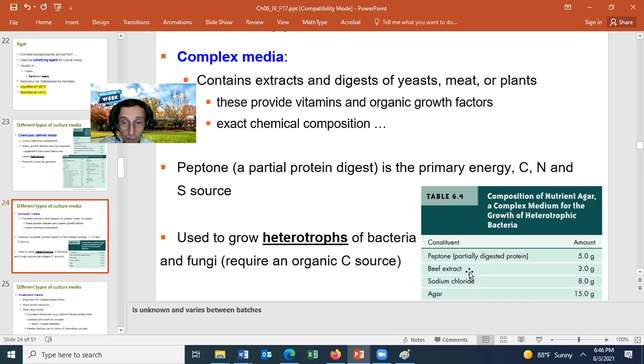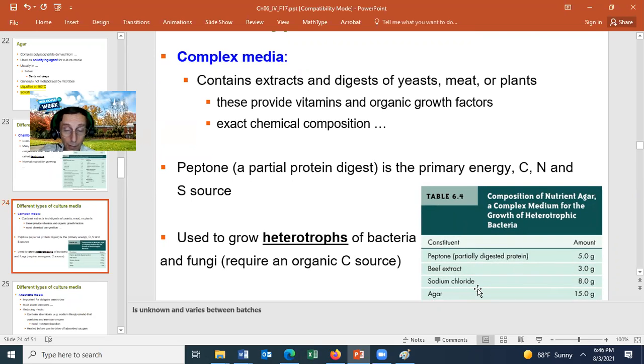Well, this beef extract will have many different molecules in it. Whatever the cow was eating, the cow will have those molecules, and then that will go into the complex media. And usually we put sodium chloride to make the osmotic pressure correct, and then agar to make it a solid media.